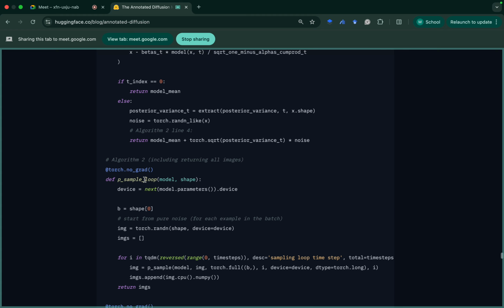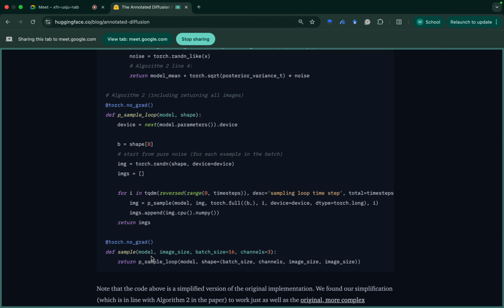Here is the sampling function, and then they're calling this other function p sample loop, where you pass the model. What is the shape? This is what the noise vector shape would be, that is batch size. They pass 64, so 64 images, 3 channel images of size 28 cross 28.